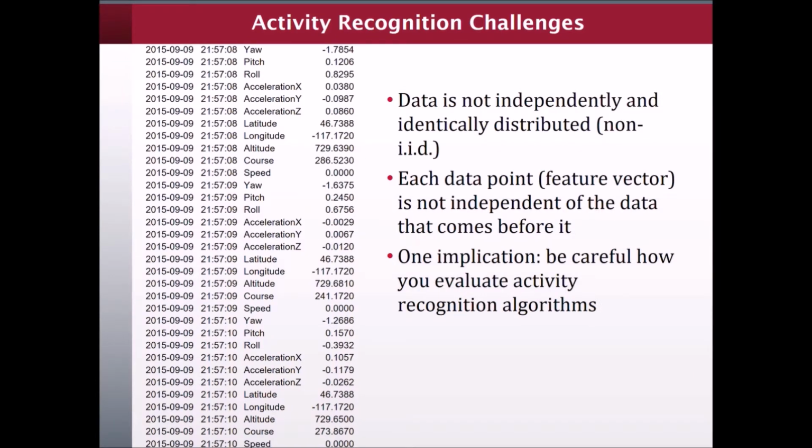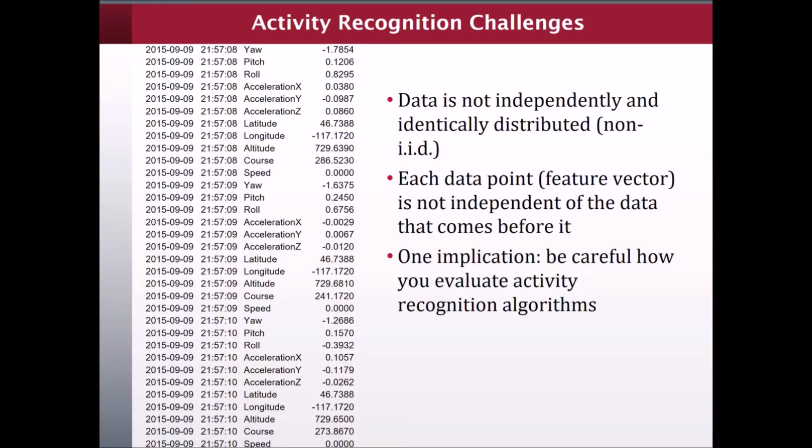On the other hand, if we train our model based on one set of data and test it on another set of data that is far removed in time, we might run into another problem, which is concept drift. Concept drift indicates that the underlying data and mapping from data to activity label has changed over that period of time between training and testing, possibly due to the fact that the mobile device user has actually changed their routine and the way in which they perform these activities.